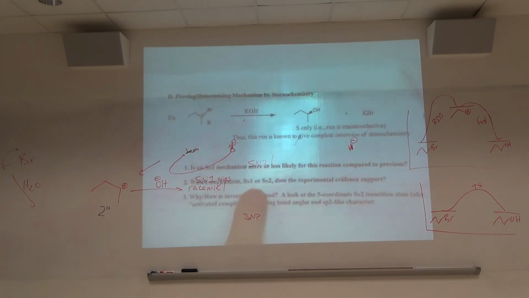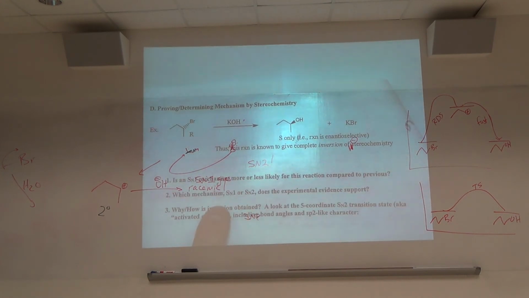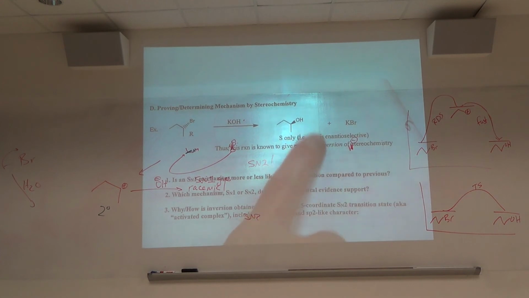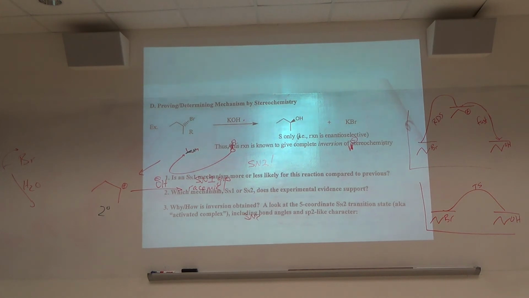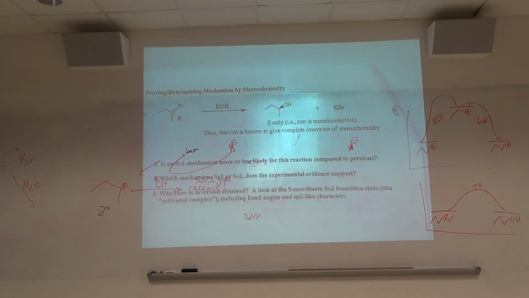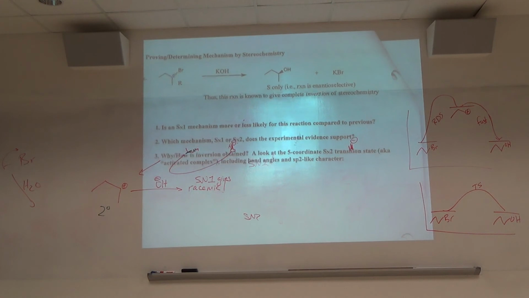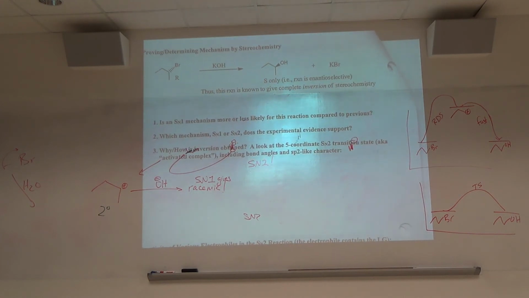The answer is it supports SN2. The experimental evidence is the stereochemistry: inversion obtained. We just showed it, so let's show it on the board, because we want to be able to show it on paper, along with some other details.